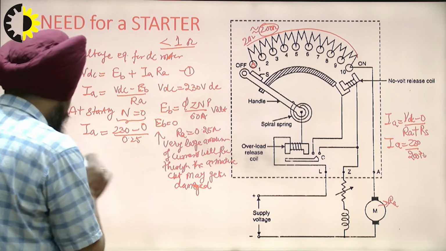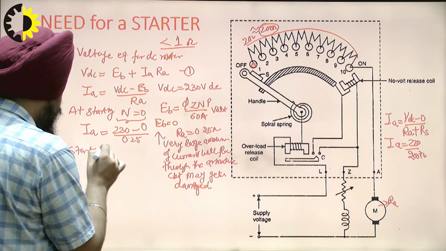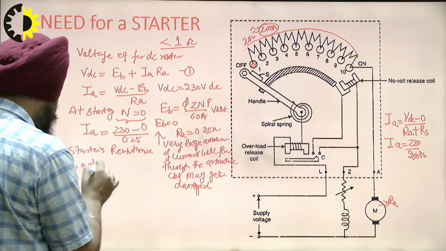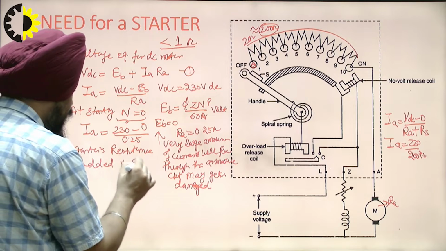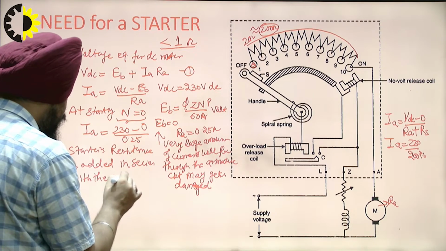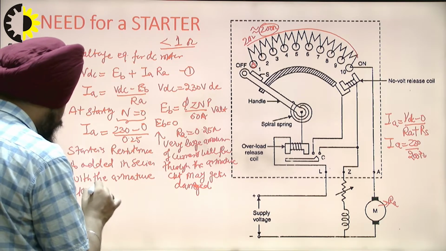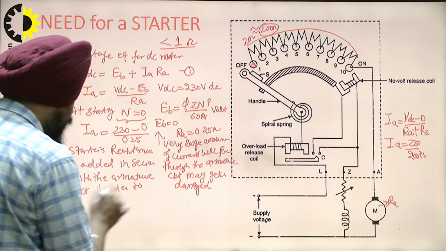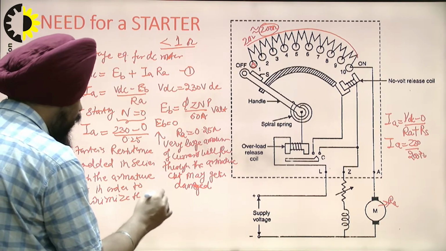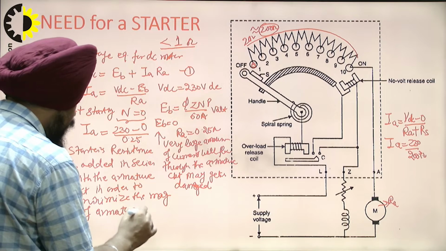So the starter's resistance is added in series with the armature circuit in order to minimize the magnitude of armature current.